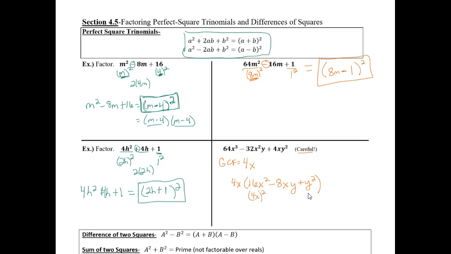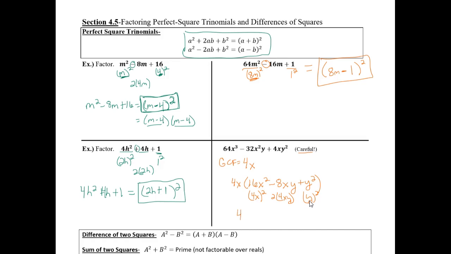So that quantity squared would give us the 16x squared. Square root of y squared would be y, and then we square that. If we put the two terms here together, 4x times y, that would be 4xy, and double it. And that gives us the 8xy. So this is a perfect square trinomial.